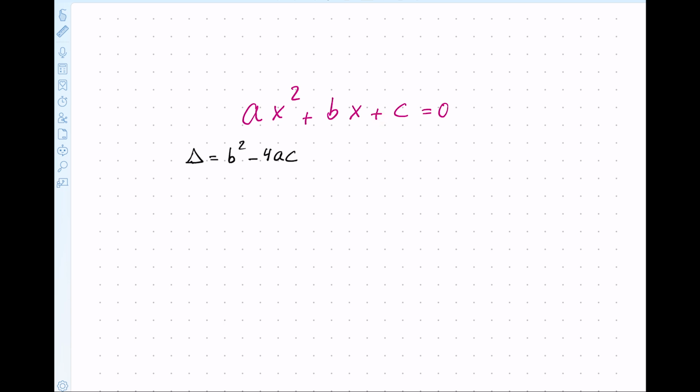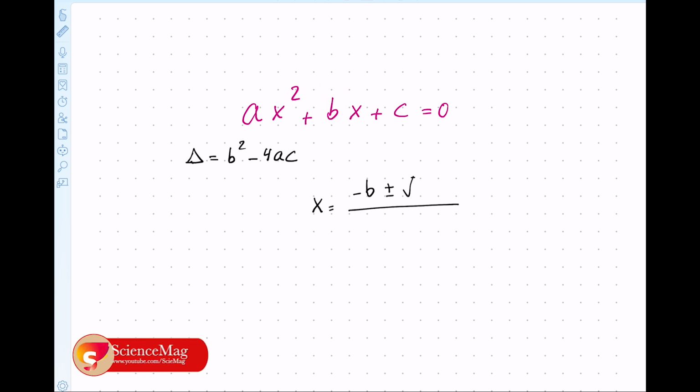So b squared minus 4ac, and the answers to this quadratic equation, the x that satisfy this quadratic equation, that's what you're looking for, is negative b, where b is this coefficient, plus and minus square root of delta. Delta is b squared minus 4ac, divided by 2 times a.